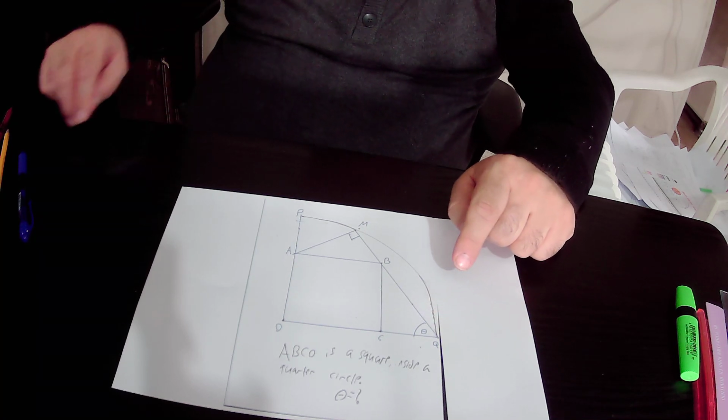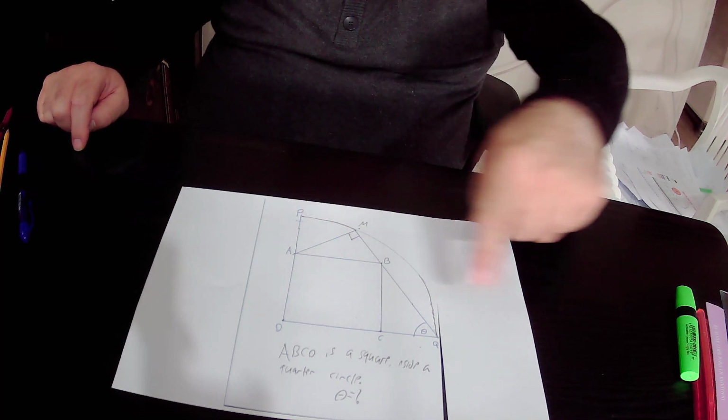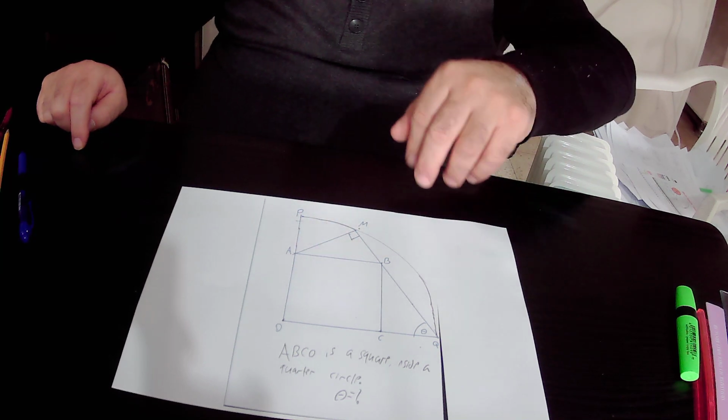So first of all, because this is a quarter circle, the length of OQ must be equal to the radius of the quarter circle.